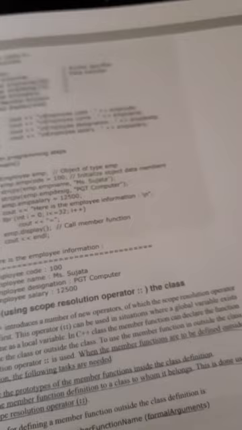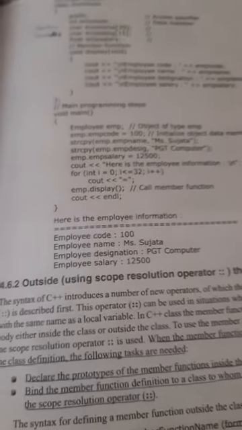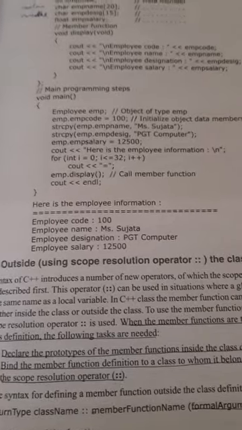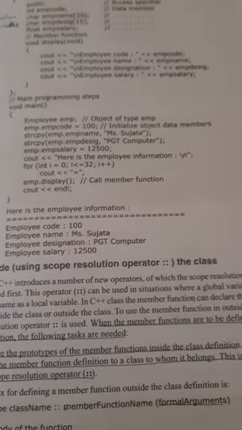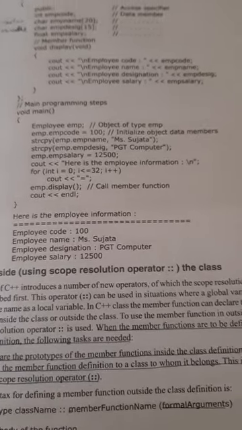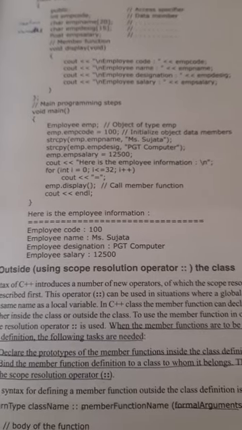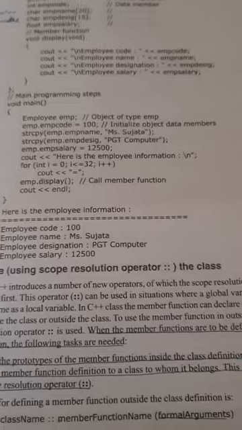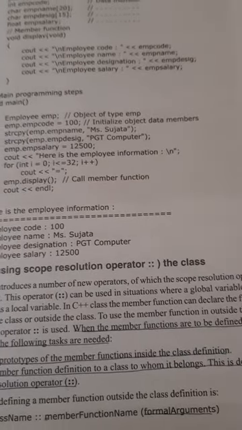Now how do we declare an object? Using a class, we specify the state and behavior of an object, that is the member variables and member functions. To access the member variables and member functions defined in the class, we need to create objects.